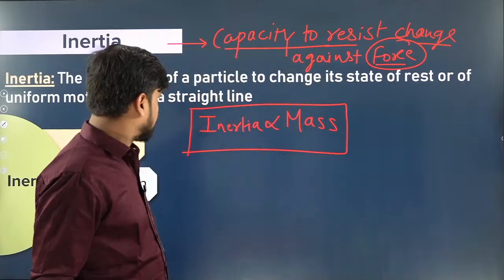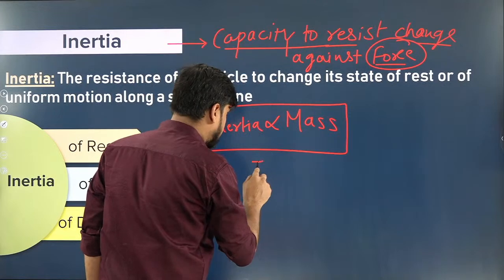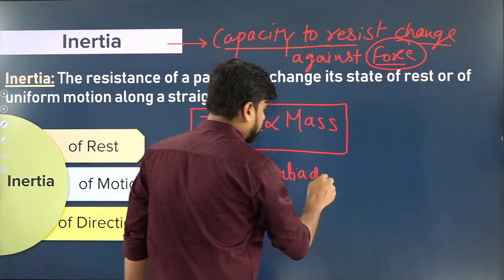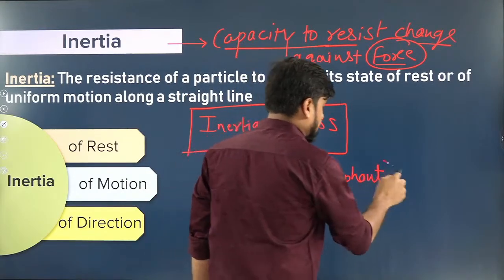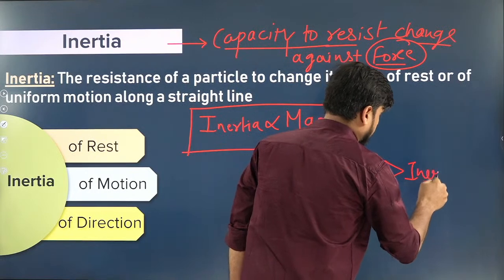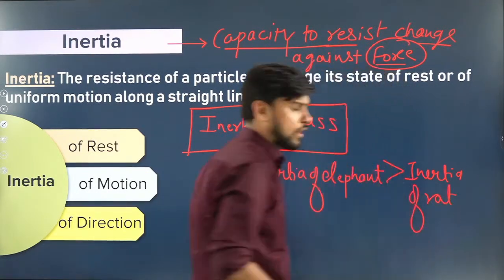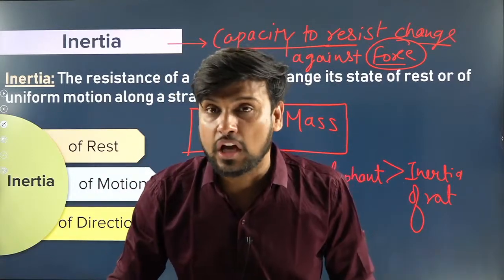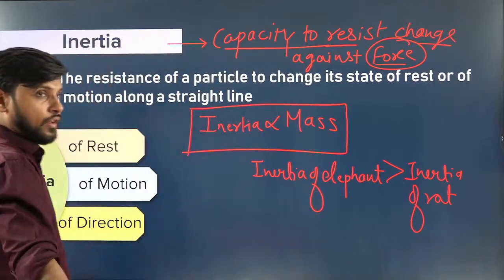The body will have more mass, so I can say the inertia of the elephant is more than the inertia of the rat. Now on the basis of this, we divide inertia into three different types of inertia.